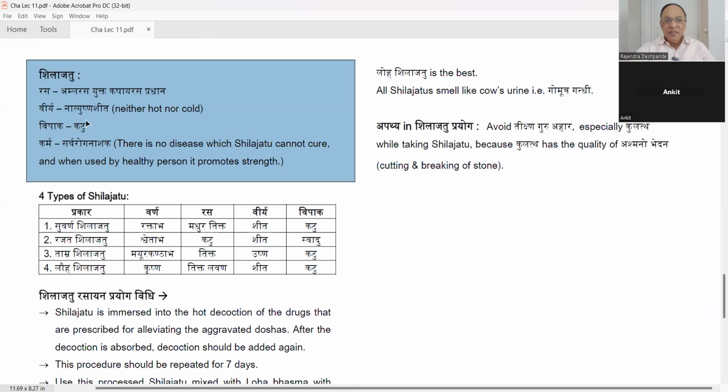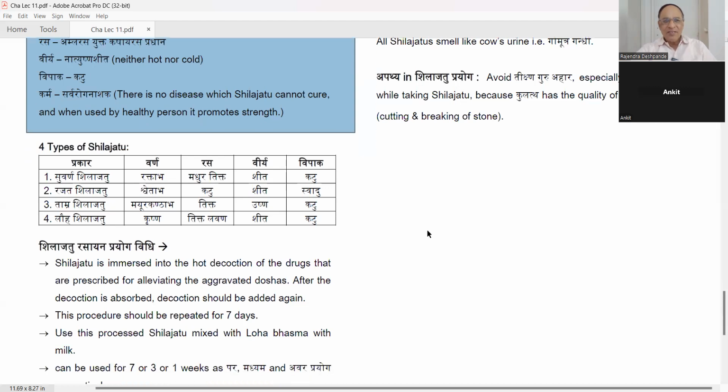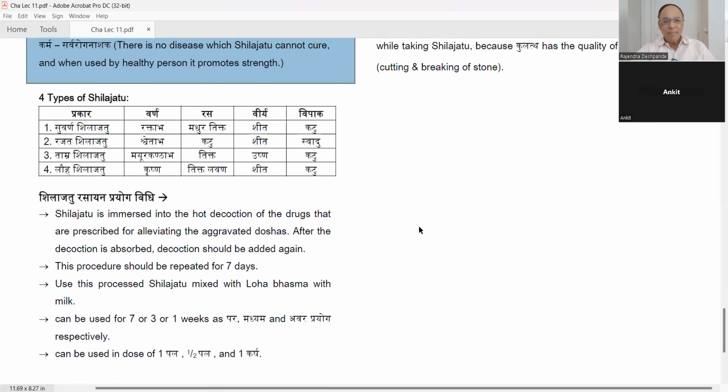Virya, Na Ati Ushna Sheeta, moderate, not too hot, not too cold. Vipaka is Katu. Karma, very interesting, Sarva Roga Nashana. There is no disease which Shilajatu cannot cure, and when used for a healthy person, it promotes the strength of the human being. Okay, let us talk more about Shilajatu.